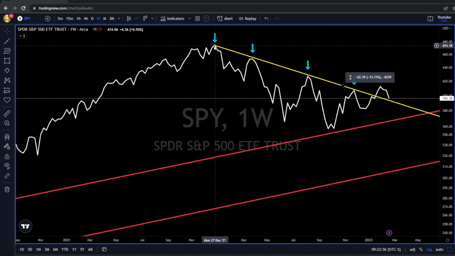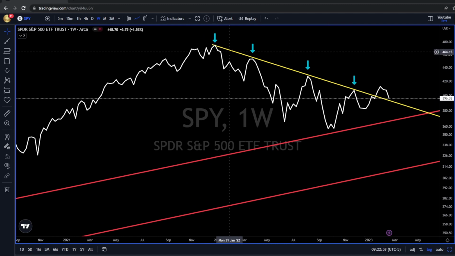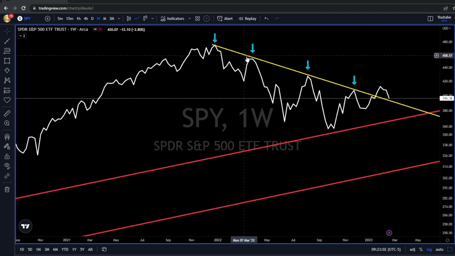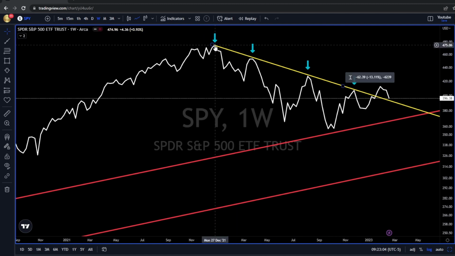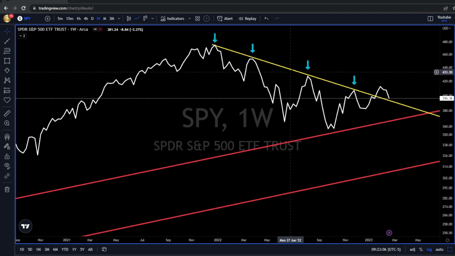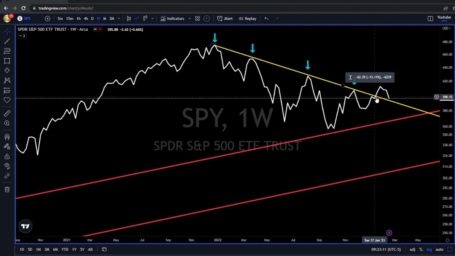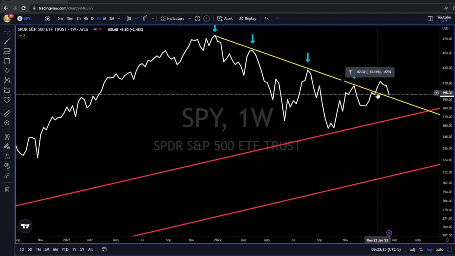Looking left, we can clearly see lower highs. We see this trend line helps us to identify the lower highs since December 2021. Each and every time price reached it, it got rejected until early January of 2023. Now it broke to the upside, got rejected. Why?